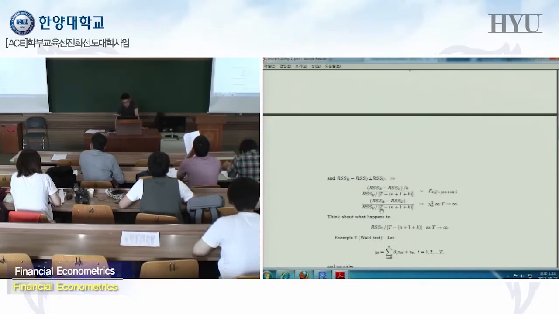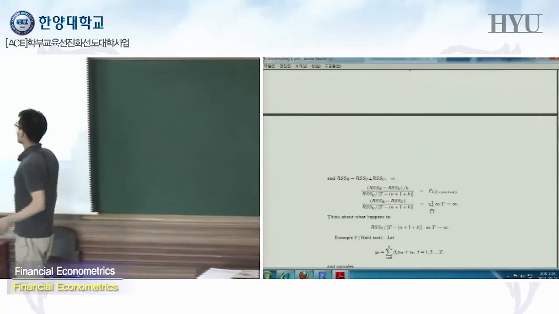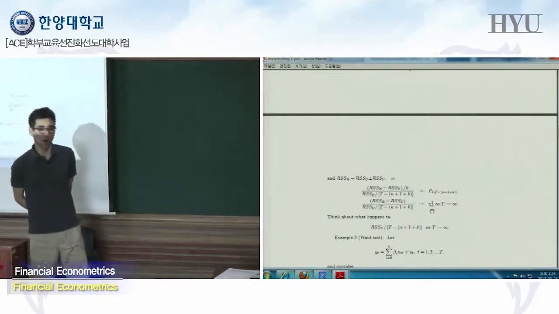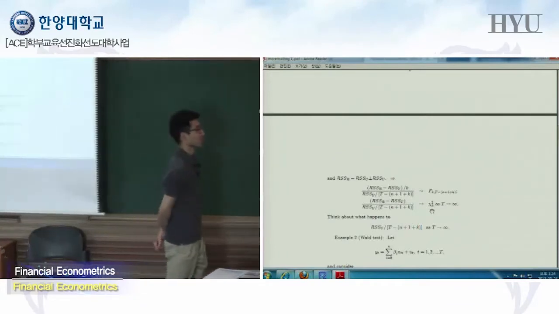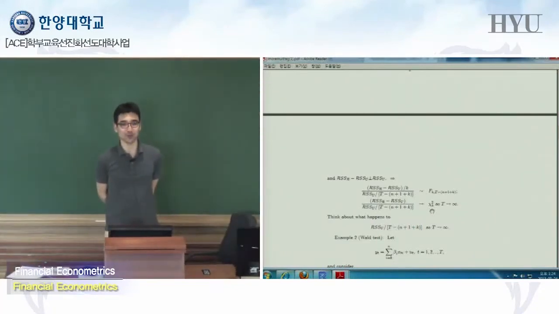And if we have a large number of data, this one should follow a chi-square distribution. We can prove this, but geometrically, RSSR minus RSSU and RSSU should always be independent of each other.